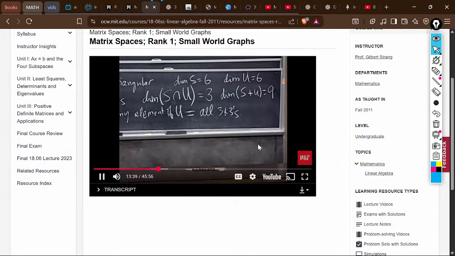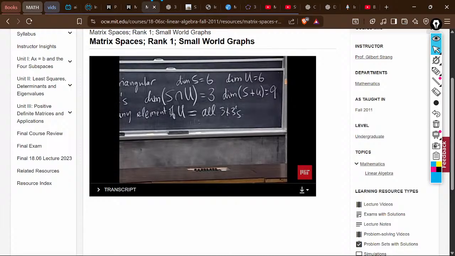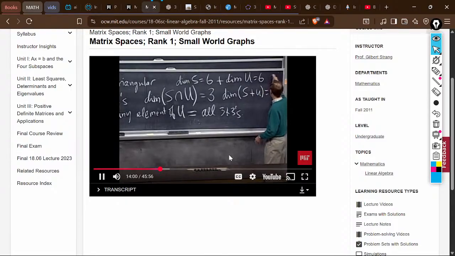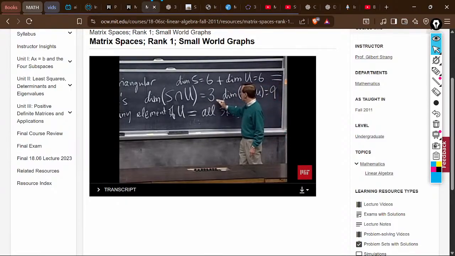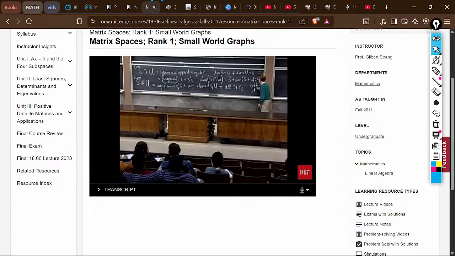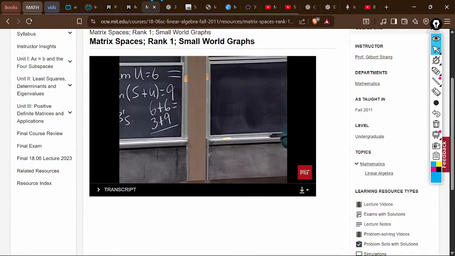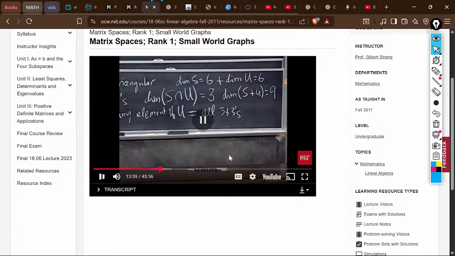And I'm seeing here a nice formula: if I have two subspaces, the dimension of one plus the dimension of the other equals the dimension of their intersection plus the dimension of their sum. 6 plus 6 is 3 plus 9. It's kind of satisfying that these natural sums work out.